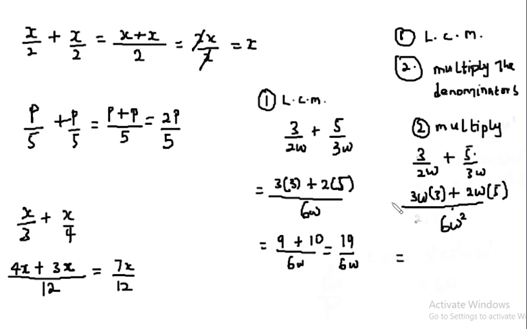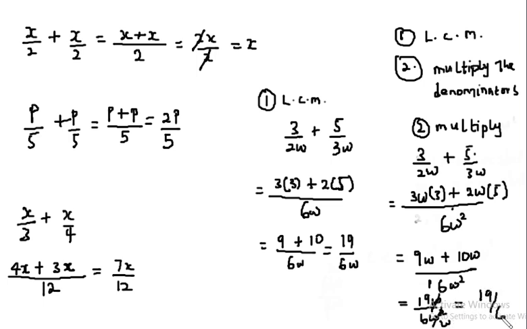So this is equal to 3w times 3 is 9w plus 2w times 5 is 10w over 6w squared. From here we have 9w plus 10w is 19w over 6w squared. So we know that w enters here once, w enters here w times. So this is 19 over 6w.